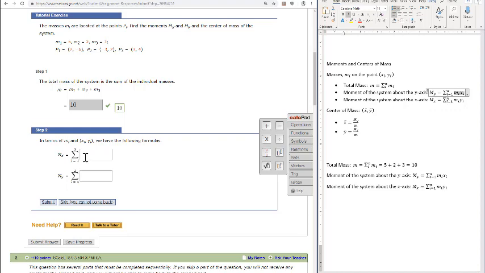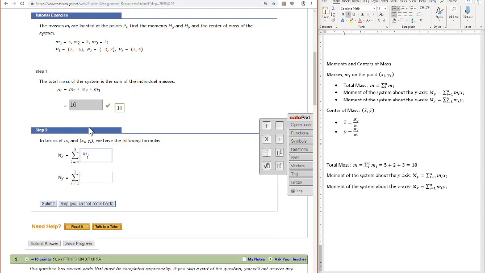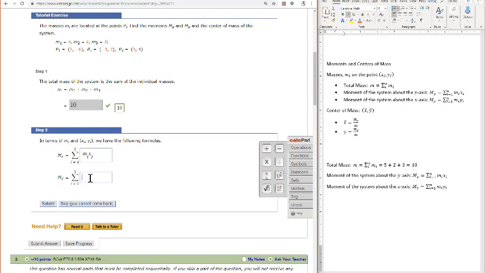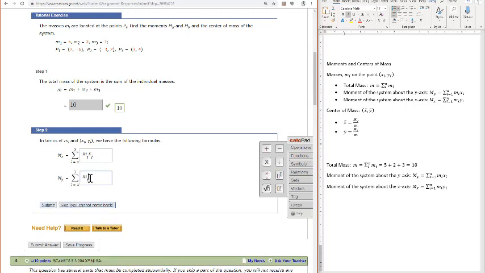We don't want the y values, we just want the x values for this. So in terms of the formula, it's m sub i times x sub i. And then same thing with this, except we have a y sub i.